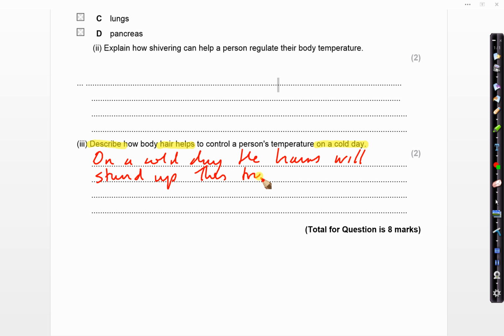This traps air, which helps insulate the body. So we know that air is a very good insulator. So the air warms up and is unable to escape, so it helps keep the body warm. So we've got 2 marks with that question.